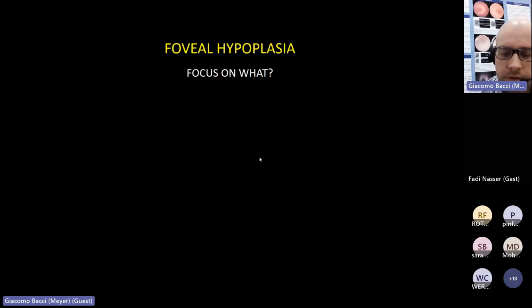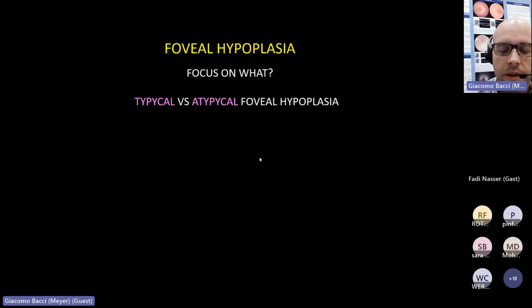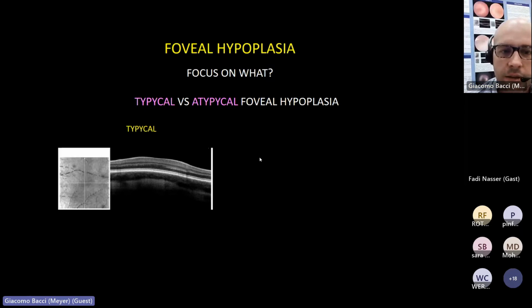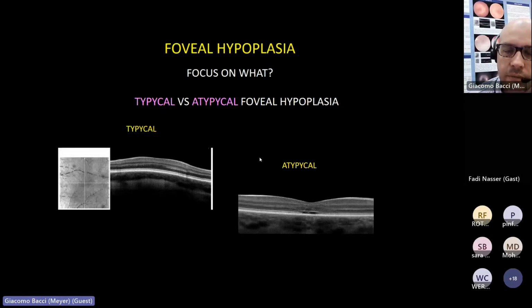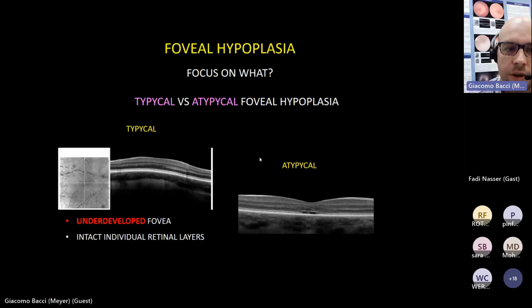Okay, but from the practical point of view, on what do we have to focus when we talk about foveal hypoplasia? We've seen that there are typical and atypical forms. The typical forms are actually more homogeneous than the atypical ones, because the typical form is characterized by an underdeveloped fovea, but intact individual retinal layers.